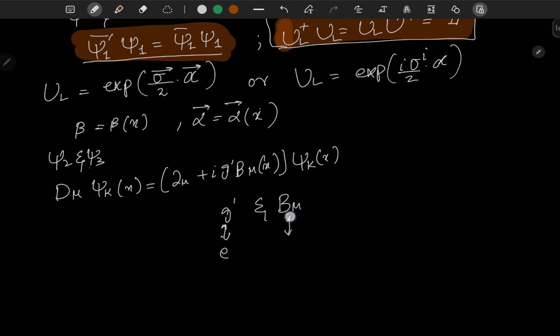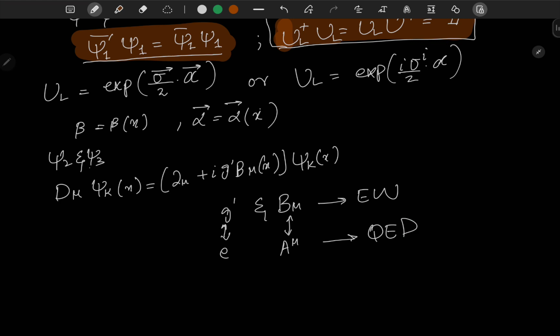In QED we used A mu, the photon auxiliary field, and here we are using B mu. So this is for the electroweak case, and that was for the QED case.